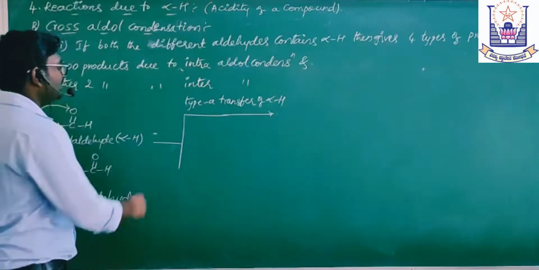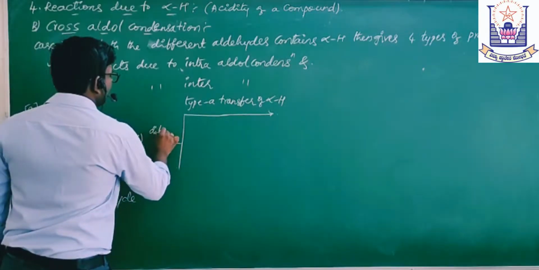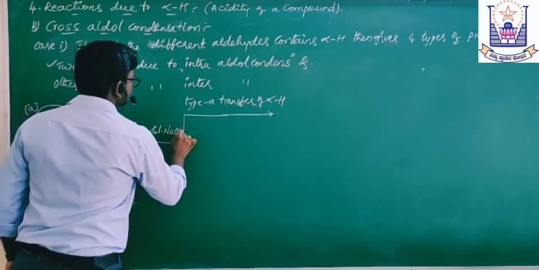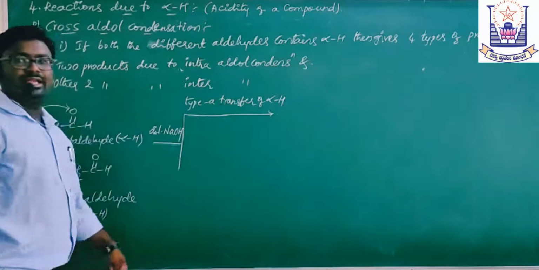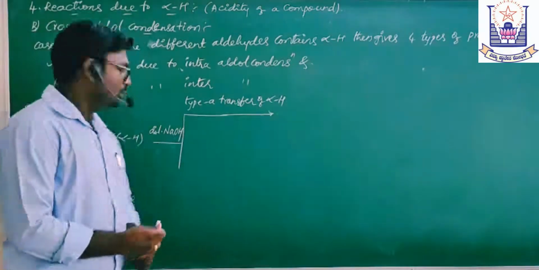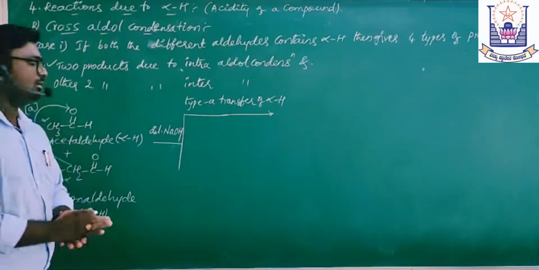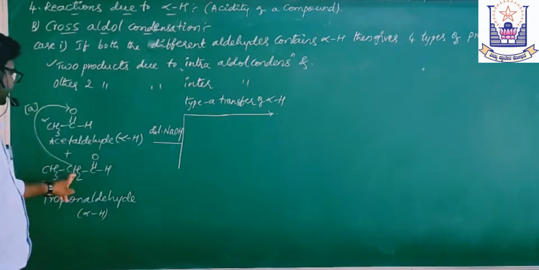Let us see the product. When these are treated with a dilute alkali, you will get an aldol. Listen, both are aldehydes, so you will get an aldol. How is this transferring?